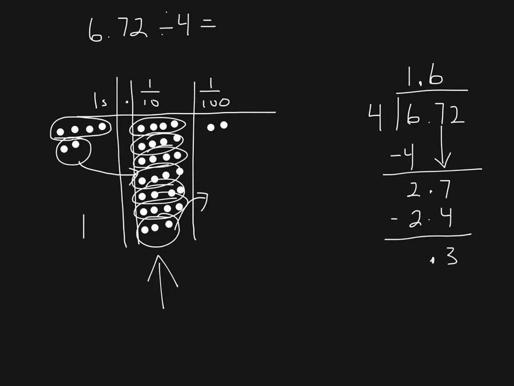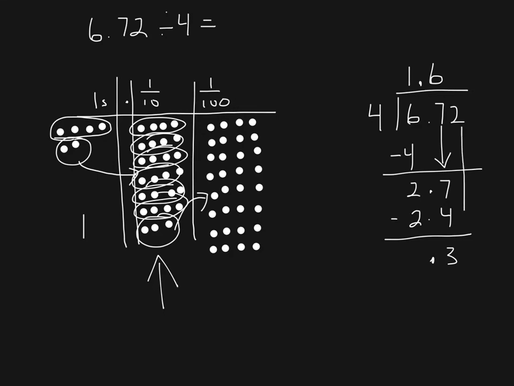I've already got 1, 2, 3, 4, 5, 6, 7, 8, 9, 10, 11, 12, 13, 14, 15, 16, 17, 18, 19, 20, 21, 22, 23, 24, 25, 26, 27, 28, 29, 30. Okay, got all 30 of them down there. So now I have a total of 32 discs in the hundredths place.